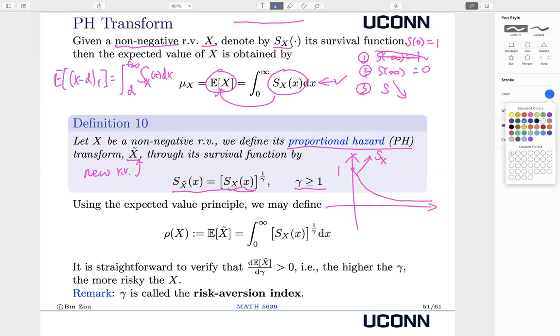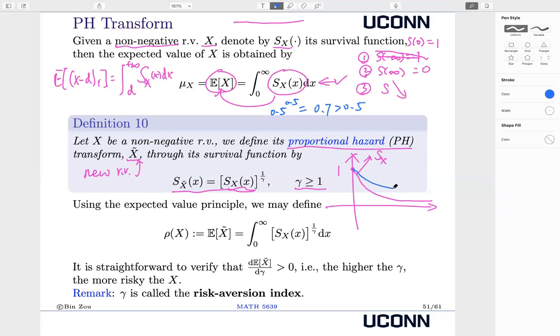If you have a calculator, you can try. Let's do this: 0.5 to the power 0.5, meaning I take gamma to be 2. If you hit the numbers, you will get about 0.7, which is bigger than 0.5.